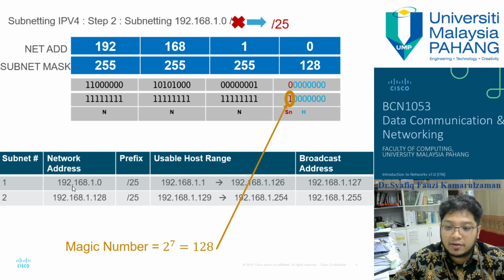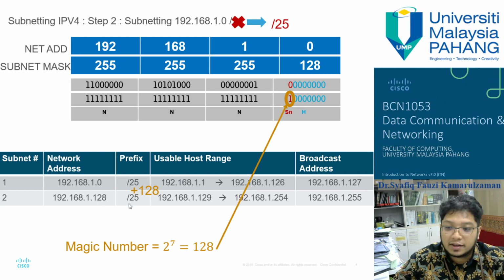From the original network address, you just add 128 to the network address, and it becomes 192.168.1.128. From here you can get the broadcast address for your previous network, subnet 1, and the range is between the network address and the broadcast address.